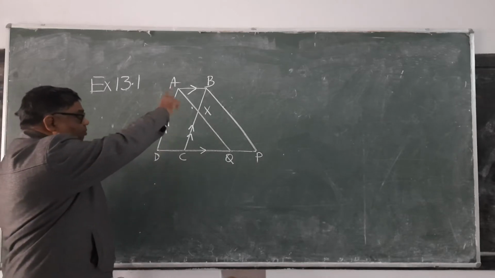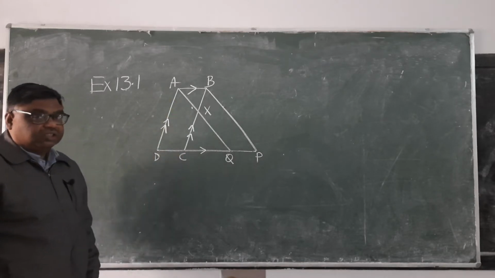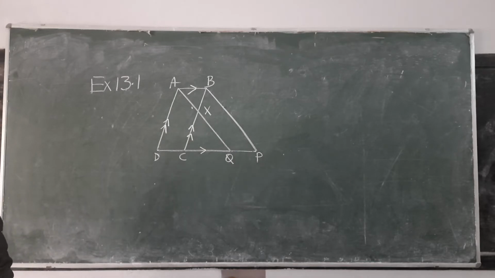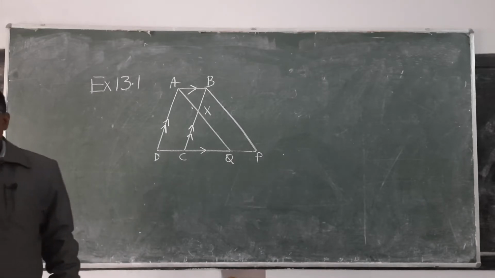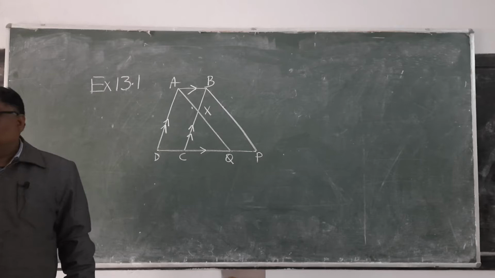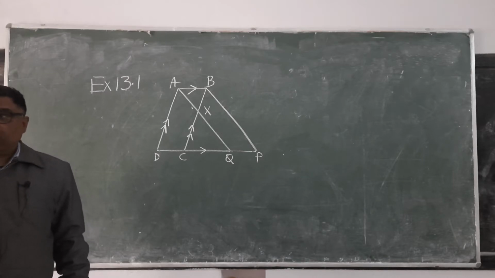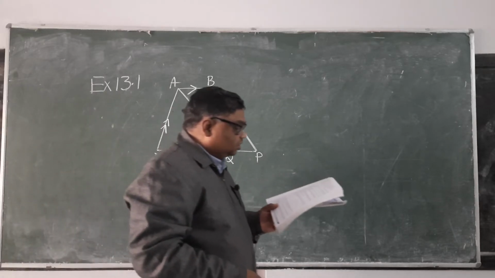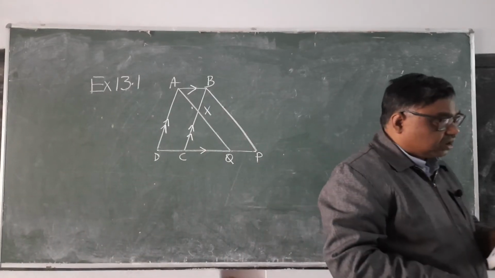You can see that AB is parallel to DC. It is clear? Similarly, AD is parallel to BC. Therefore, ABCD is what? Parallelogram. What is the property of a parallelogram? A quadrilateral having opposite sides parallel. Though it is given in the question also.